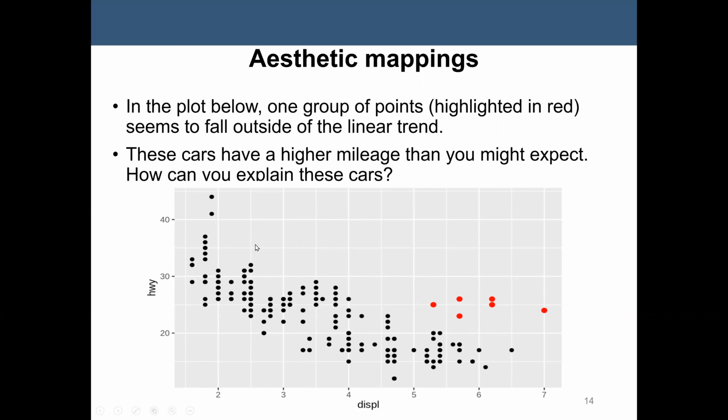Let's say this chart here is for cars of different sizes. We can say, okay, this is a bus or a tractor or some heavy duty cars. And again, they are very powerful, so they consume a lot of energy or fuel.